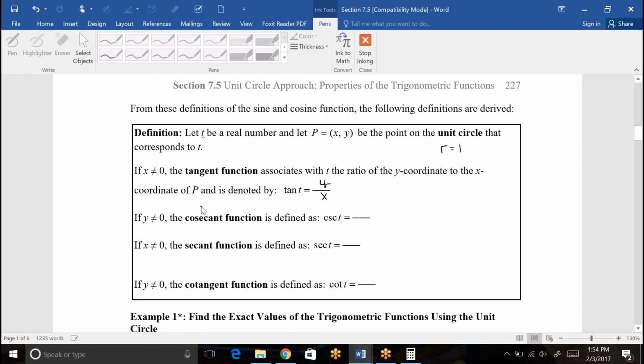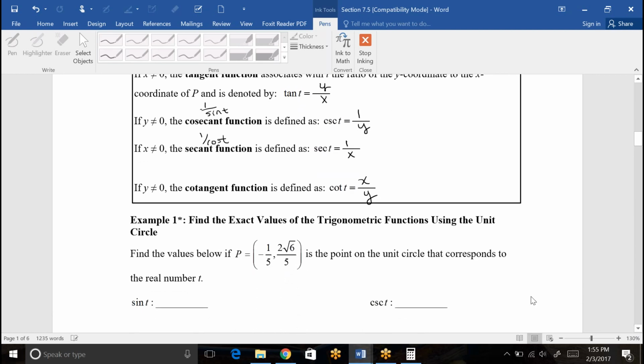Cosecant, remember, is the reciprocal of sine. So if you have 1 over sine t, since sine is related to y, this would be 1 over y. Secant, remember, is 1 over cosine, so this would be 1 over the cosine, which is represented by x. Cotangent is just the reversal of tangent, so that would be x over y.